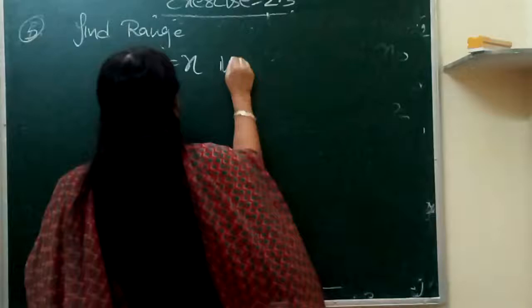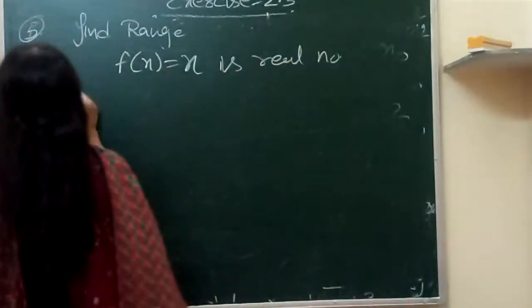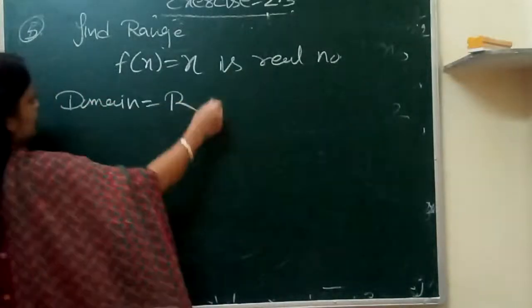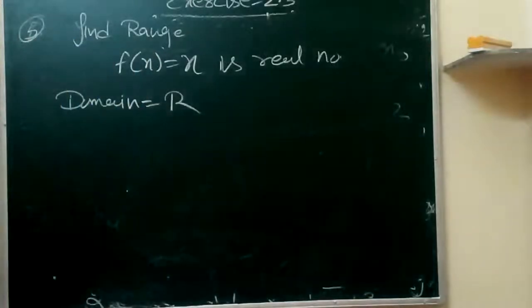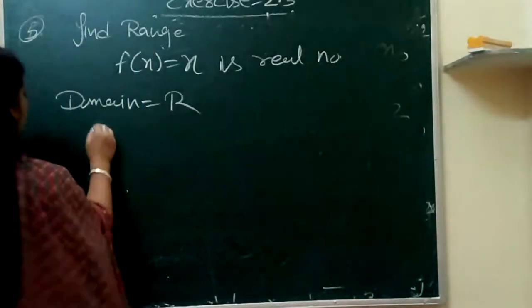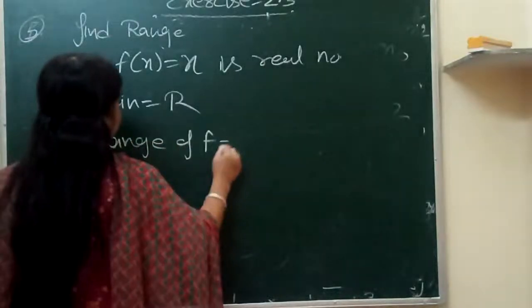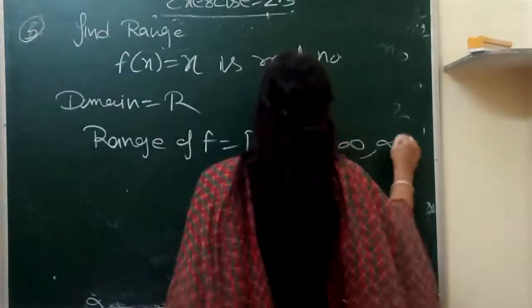So it is very simple. The domain is equal to R, because x is a real number, and the range of f is also R. The range of function f is R, that is, minus infinity to infinity. So this is the solution of question number 5. Thank you so much.